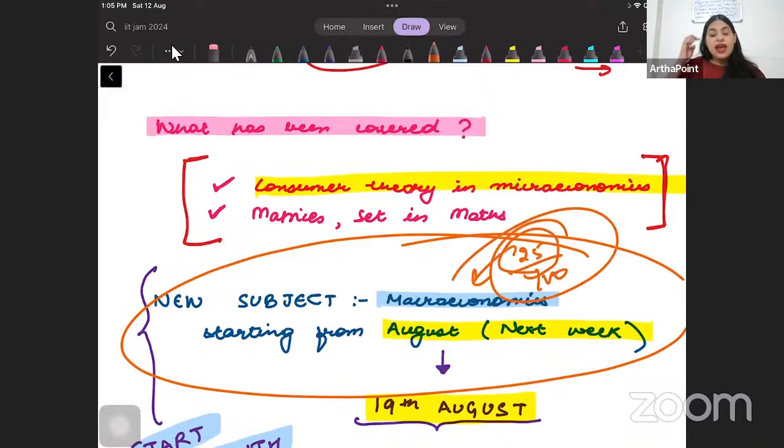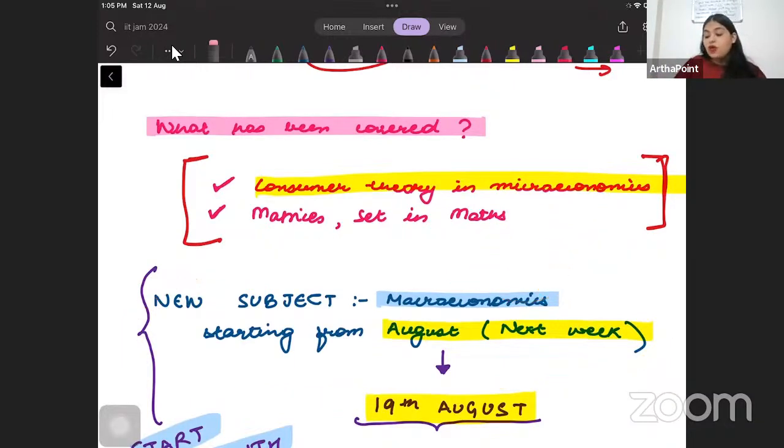This 25 will be guaranteed only if you listen to me in class, right? Only if you follow my strategy and do it with me, this 25% will be covered with me only by dedicating weekends. कुछ नहीं करना, पूरे हफ्ते भर कुछ नहीं करना. Just come sit in my class on weekends and this will be done with me.